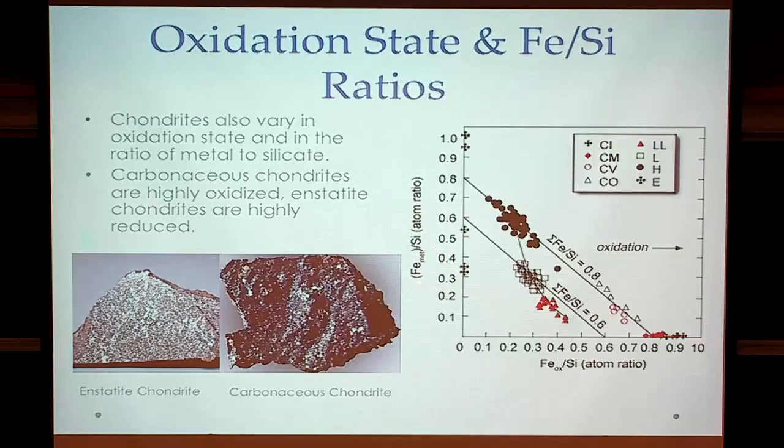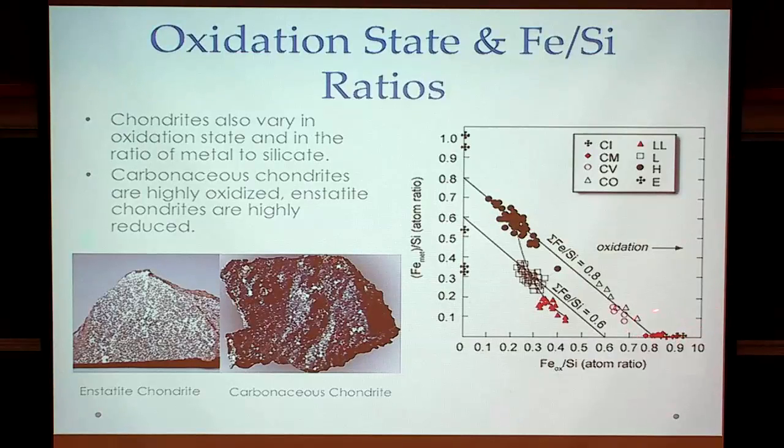This is the ratio of iron metal to silicon. This is the ratio of oxidized iron to silicon. These are lines of constant iron-silicon ratio. And these are different classes of meteorites. You can see they vary both in the total amount of iron to silicon and in the extent of oxidation.